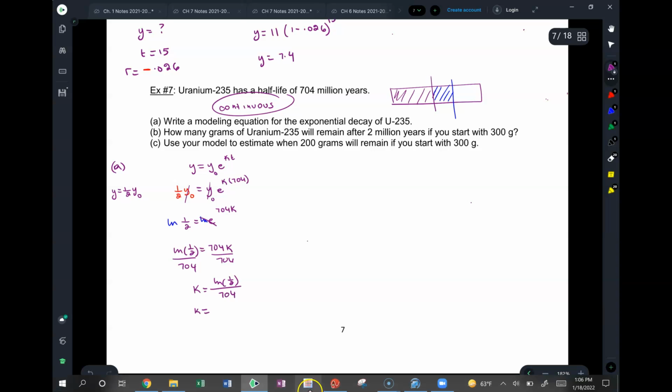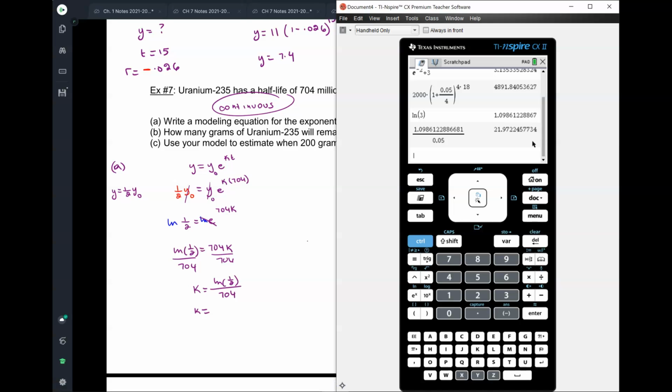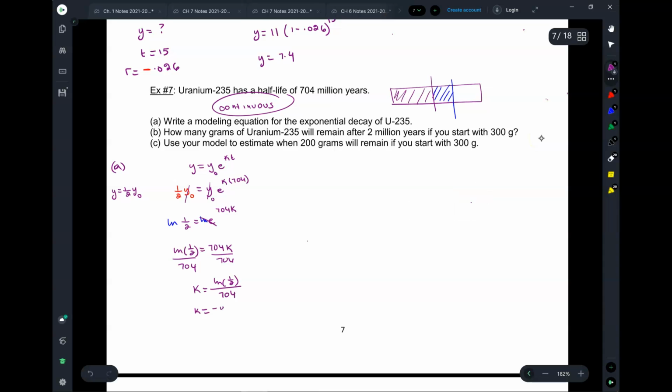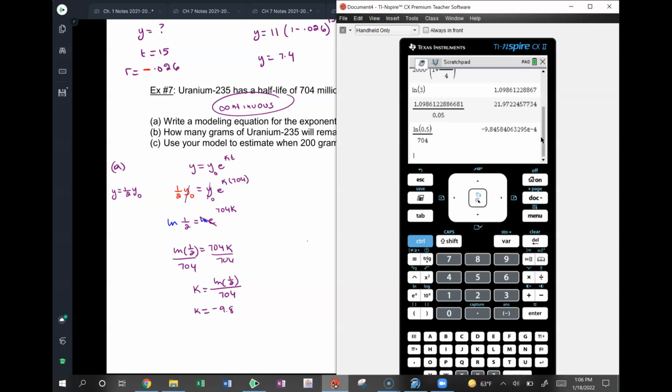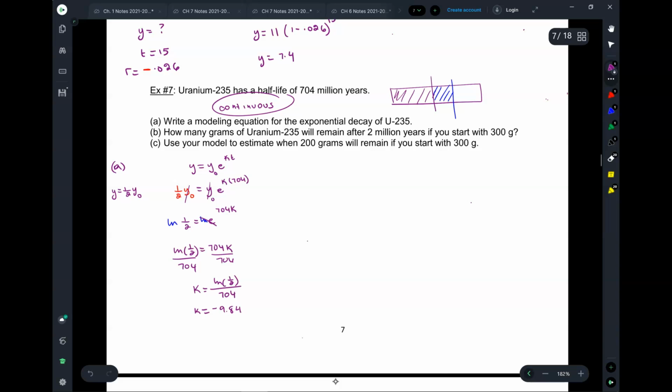And that we put in your calculator, and we're going to get ln of a half divided by 704. It's a very, very tiny number, negative 9.846 times 10 to the negative 4.